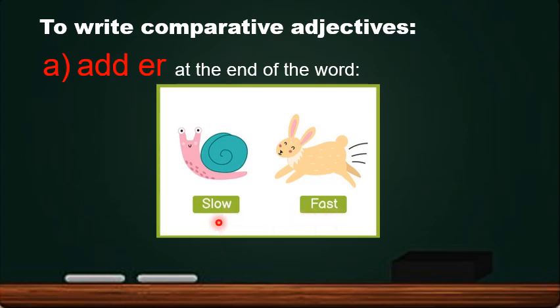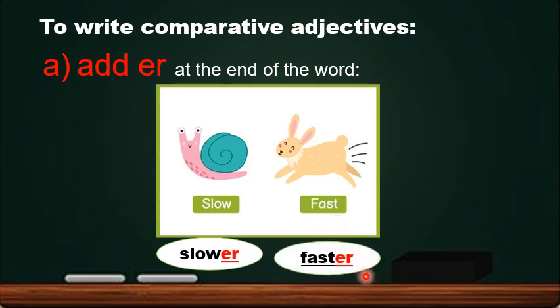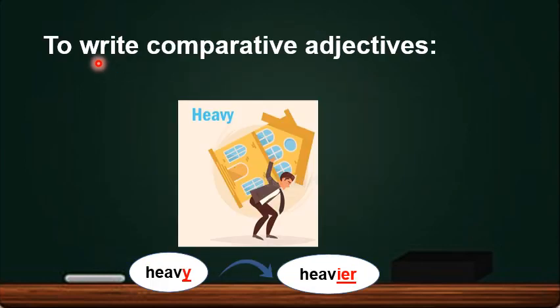Can you guess what the comparative adjective for slow is? Slower. Correct. How about fast? We add er at the end of t, so it becomes faster. Very good.